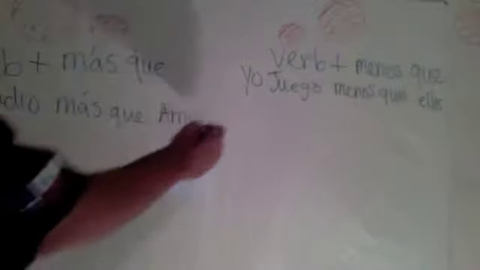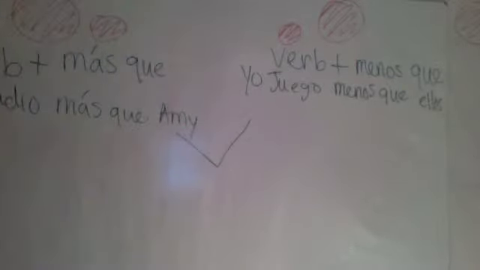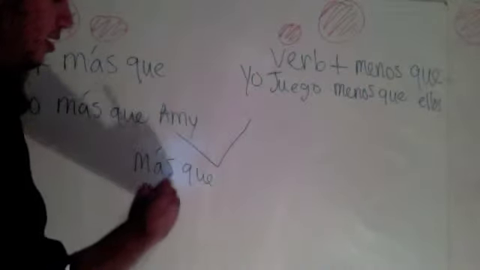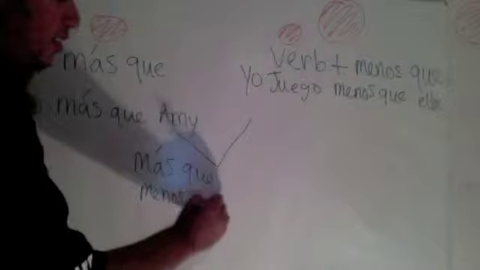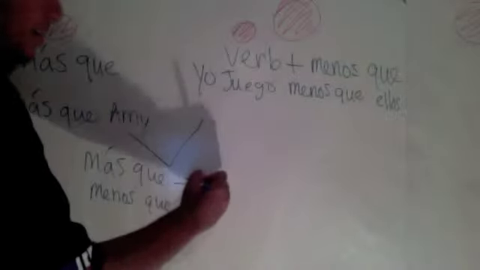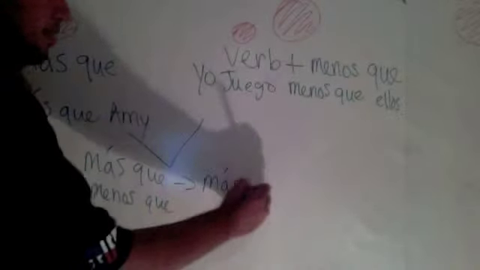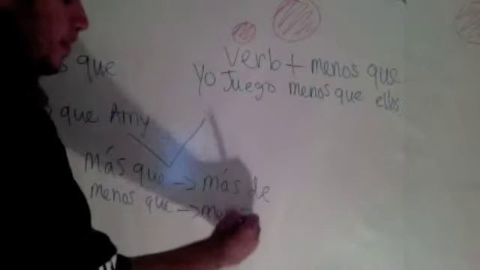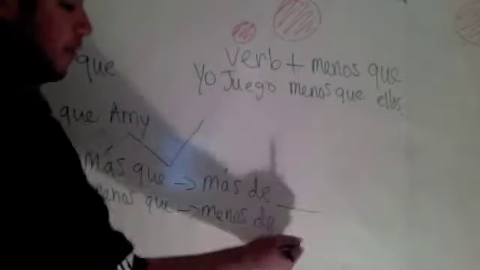Okay, and there's something else you should know that involves both of these. Before a number, más que and menos que change to más de and menos de, respectively. This is before a number.